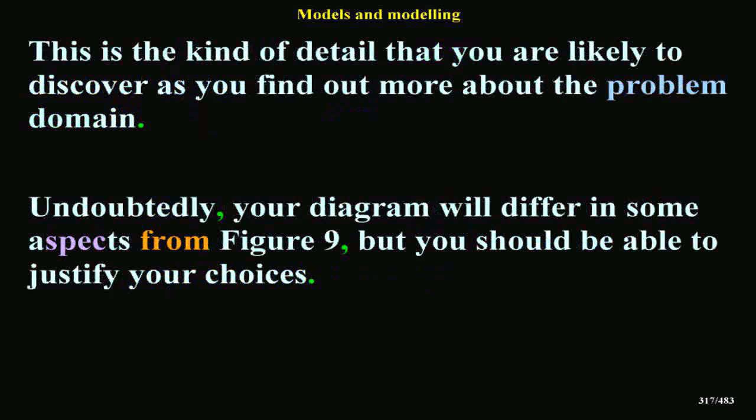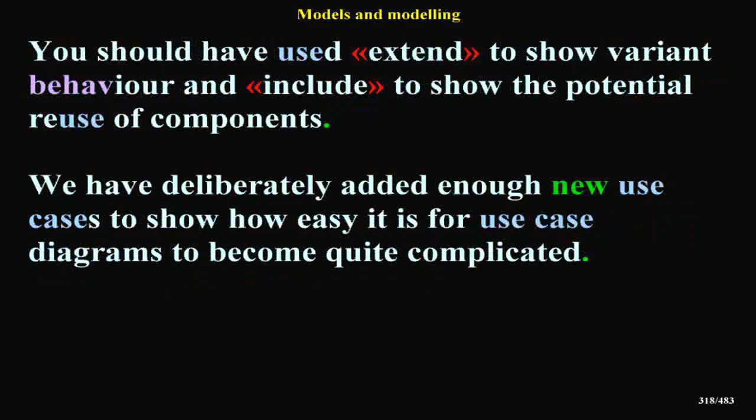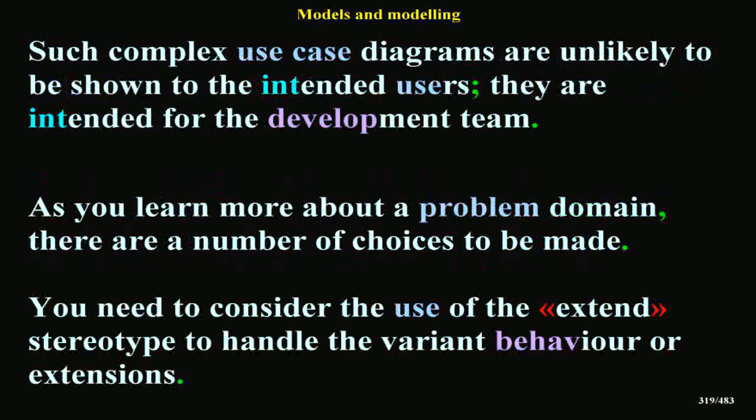Undoubtedly, your diagram will differ in some aspects from Figure 9, but you should be able to justify your choices. You should have used extend to show variant behavior and include to show the potential reuse of components. We have deliberately added enough new use cases to show how easy it is for use case diagrams to become quite complicated. Such complex use case diagrams are unlikely to be shown to the intended users. They are intended for the development team.